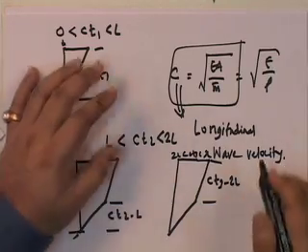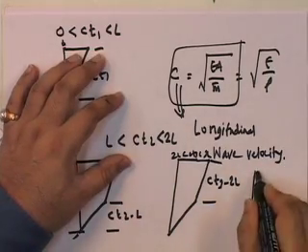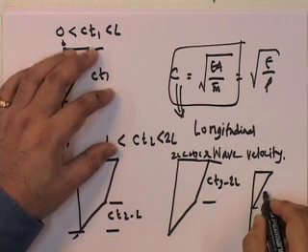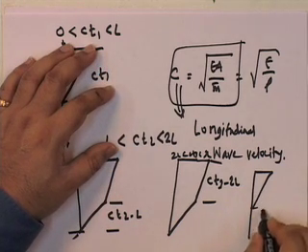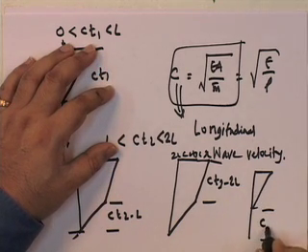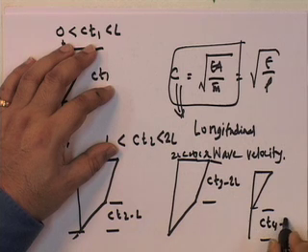And now, when you go to 4L, this becomes something like this, where this is CT4 minus 3L.